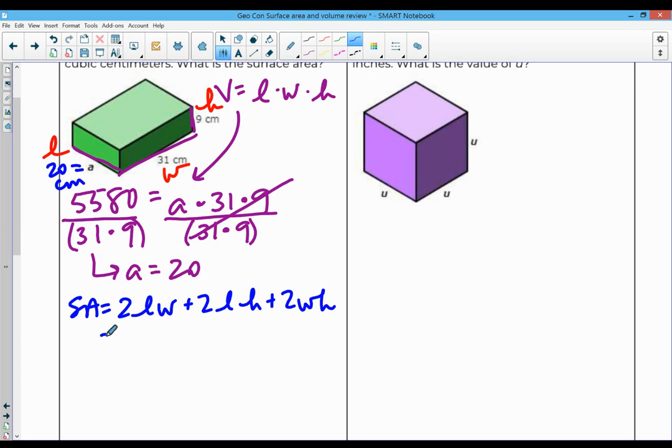So now we have 2 times length, 20, times width, 31. I'll just put these in parentheses so you see the differentiation. 2 times length times height plus 2 times width times height. So notice the number 20 goes with 31 and 9. 31 goes with 9 and 20, how they all trade off a little bit.